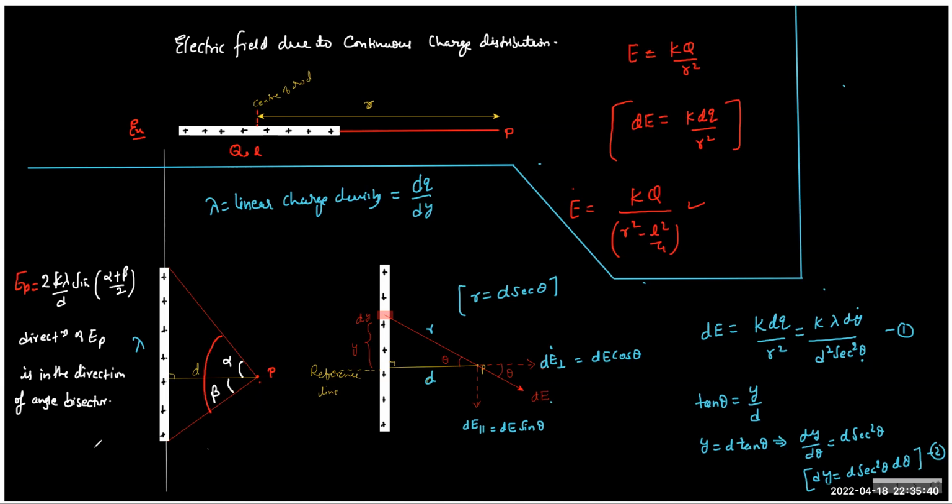Okay, sir. Now we can prove it. It's not something that we cannot prove. So let me show you how to prove it. If we have a rod and this is the charge, and if we choose some random point P, this was the reference line, correct?